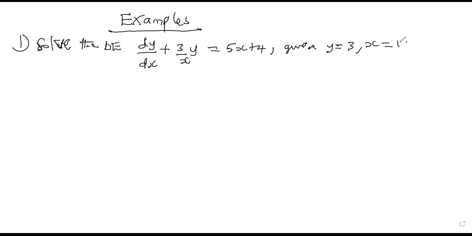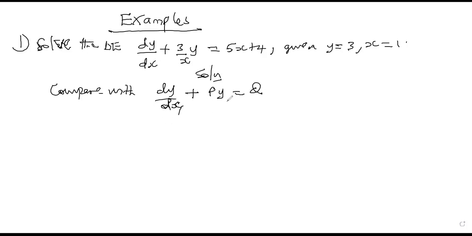Now, when you're given this equation, you can see that it takes a form. To solve this, you first need to know that it needs to be compared with dy/dx plus py is equal to q.